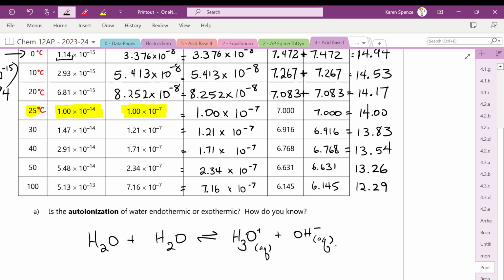If you're done with that, you can just work ahead, okay? Okay, so here we have our data. As we go down the table, what's happening to the ion content?